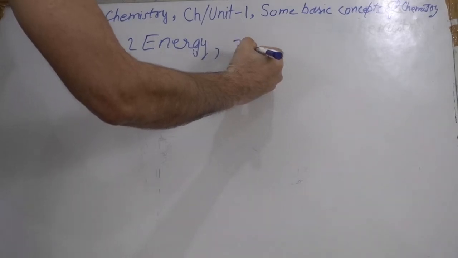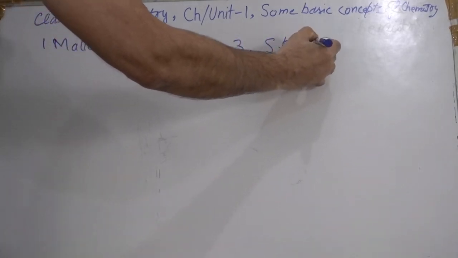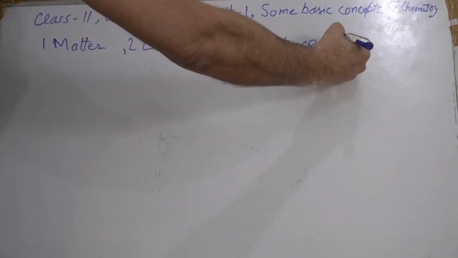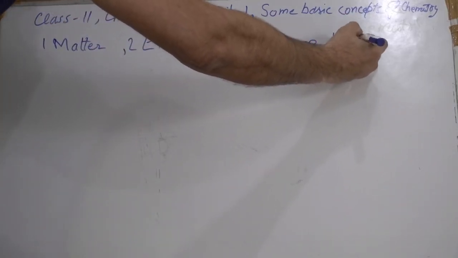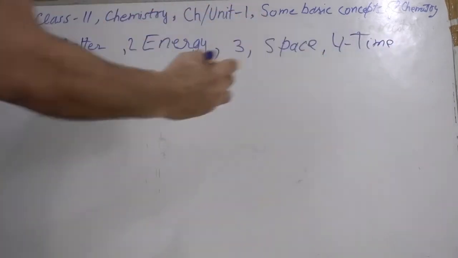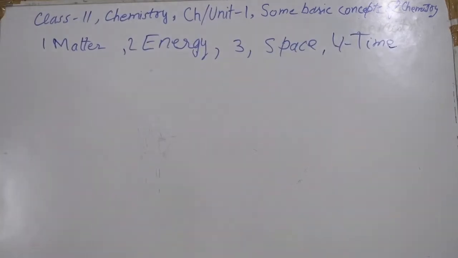Number three, space. And another important entity you can see, that is time. Though there are other entities too, now let us restrict ourselves only to these four quite common physical entities.